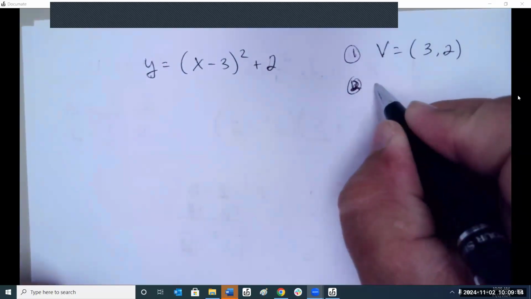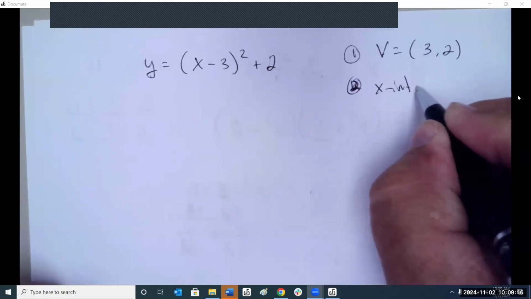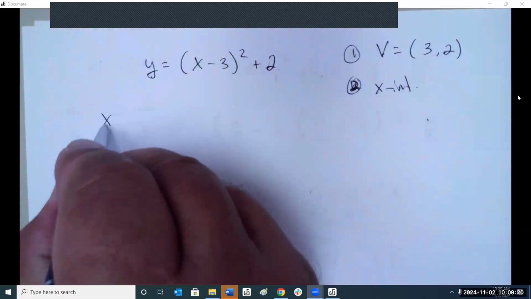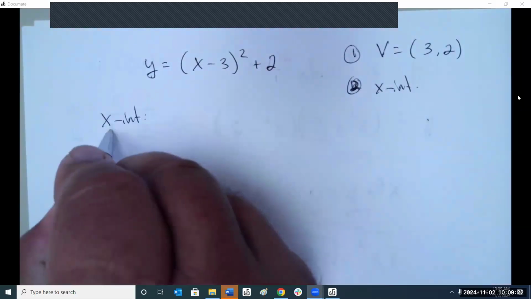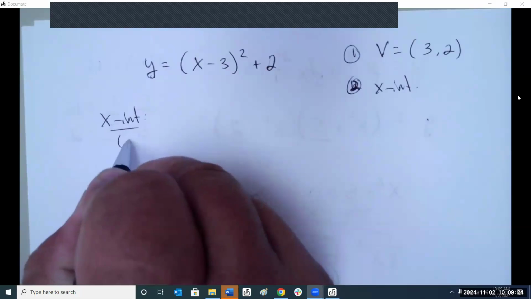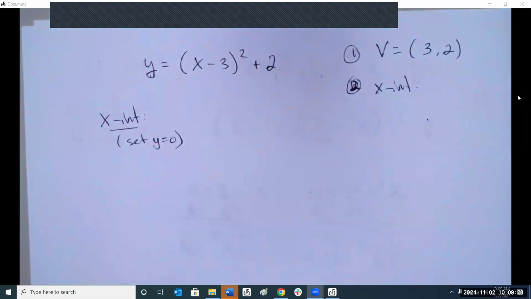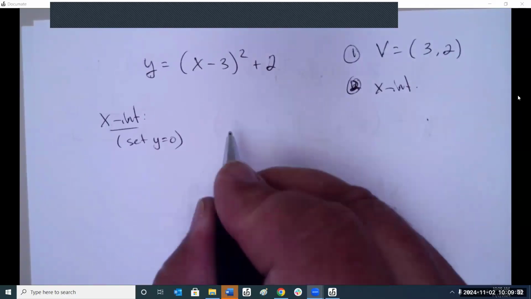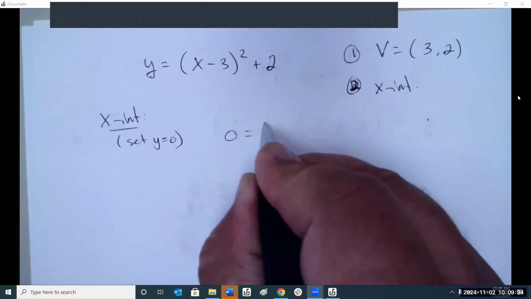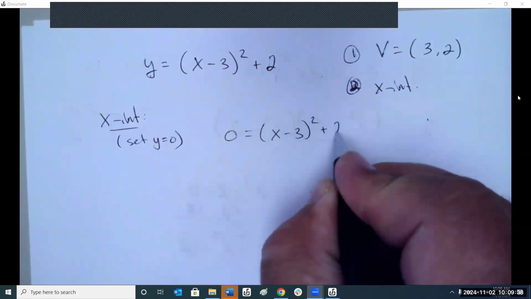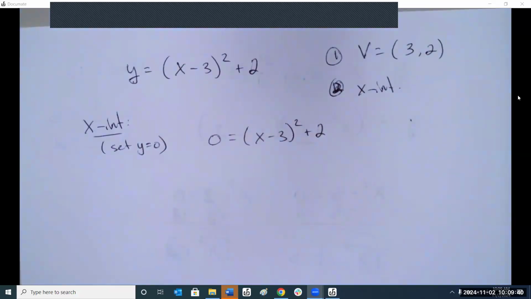Two. The x-intercepts. How do you find the x-intercepts? Set y equal to 0, solve for x. Set y equal to 0 and find the x-intercept.